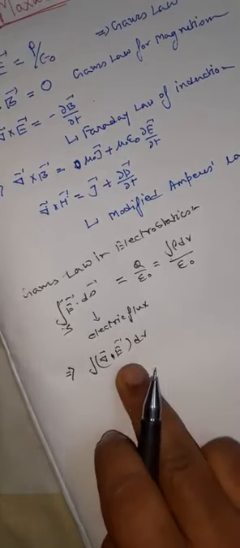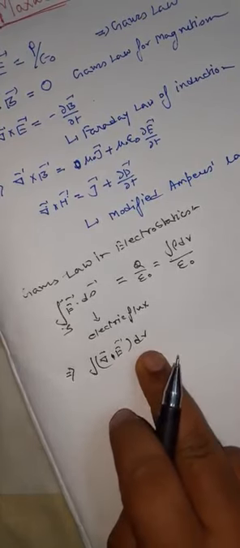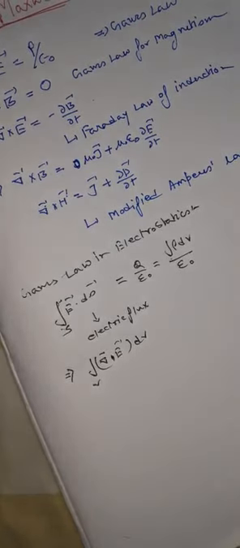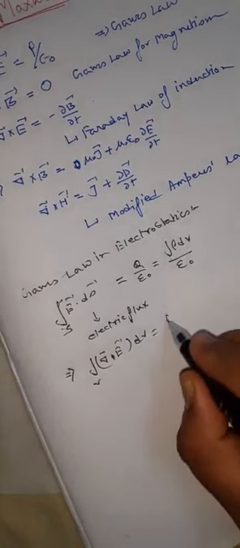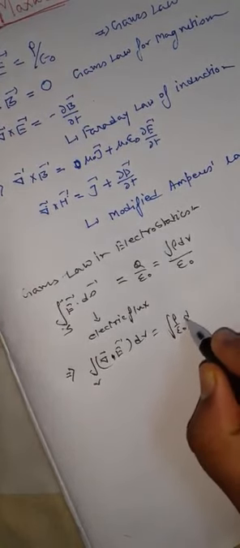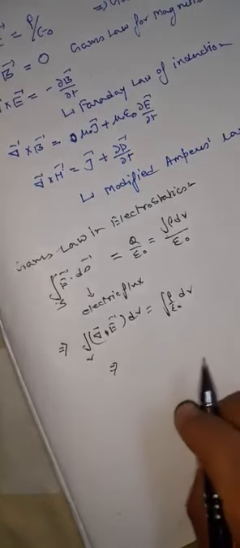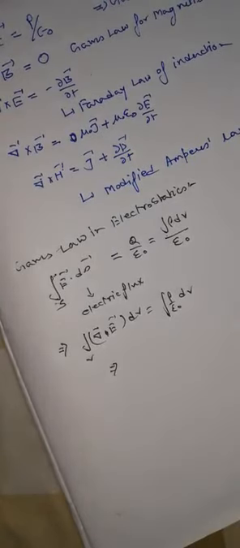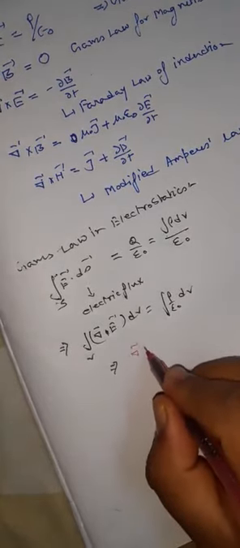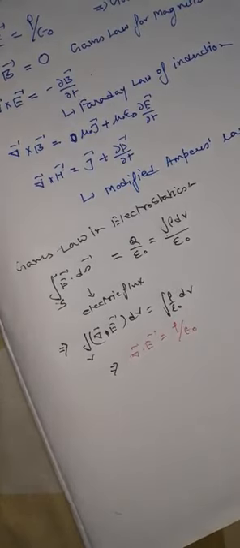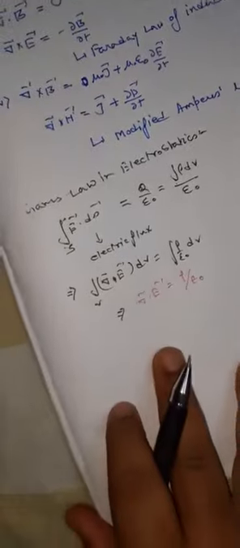Now divergence of E is a scalar quantity, so it is a scalar times dV; you can go back to your first class notes and check that. So this is nothing but the integral of rho by epsilon 0 dV. Equating, we can write that divergence of E is rho by epsilon 0. So this is the first equation that we have got.